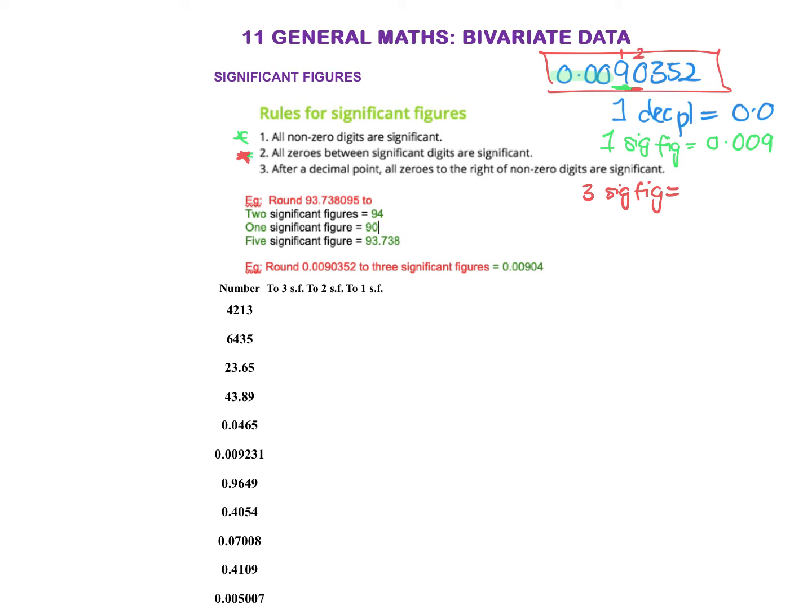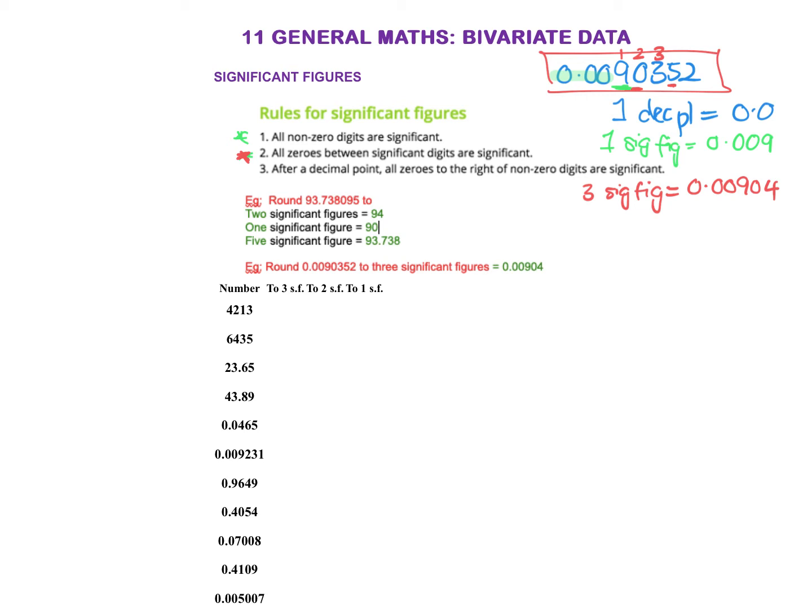So 1, 2, 3, and I count it because I've already had a non-zero number. Then I look at the one after it, the fourth one, because I'm doing 3 significant figures. Because it's 5, you have to round up like you normally do. So it'll be 0.0004 for this one. That is 3 significant figures.